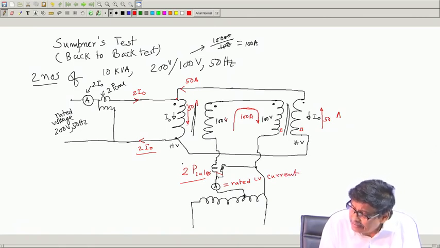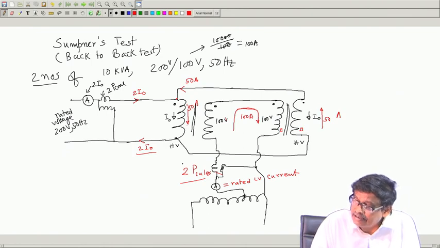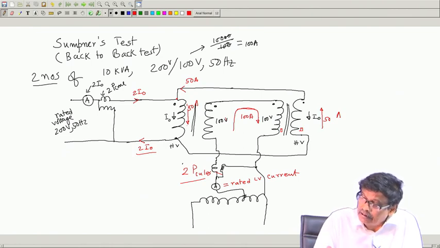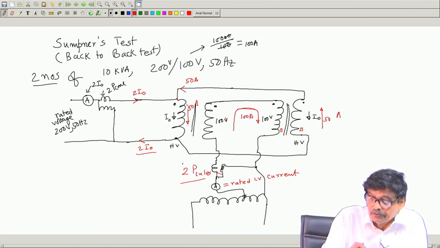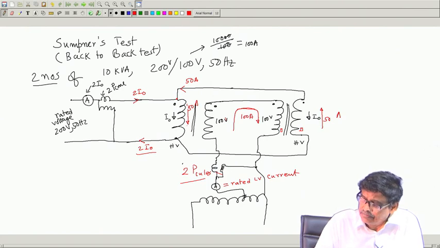So, apply such a small voltage. Why will small voltage generate large current? It is because of the fact that net EMF acting in this circuit was 0, 100 volt which was caused by this application of 200 volt here, they always cancel out, and therefore, you can pump current now into this network. So, it will read P copper loss.